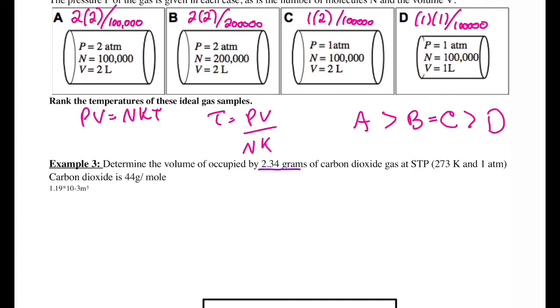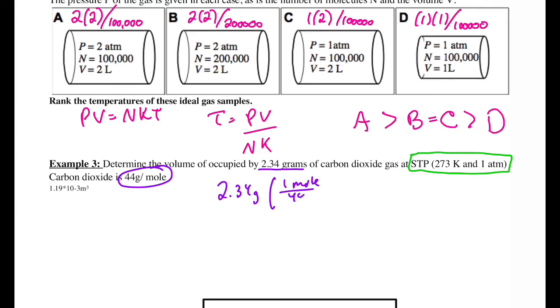All right, the next problem is having 2.34 grams of carbon dioxide. Let's convert that to moles. At STP, standard temperature and pressure, when you see STP you have to feel comfortable just putting in 273 Kelvin and 1 atmosphere. So let's convert first. 2.34 grams, and 1 mole has 44 grams.